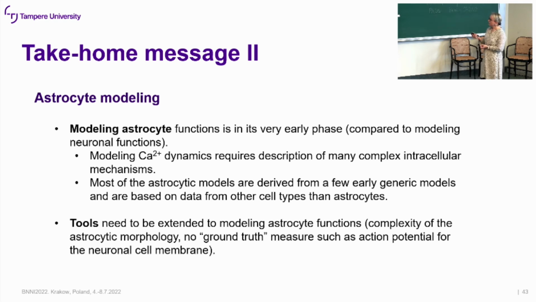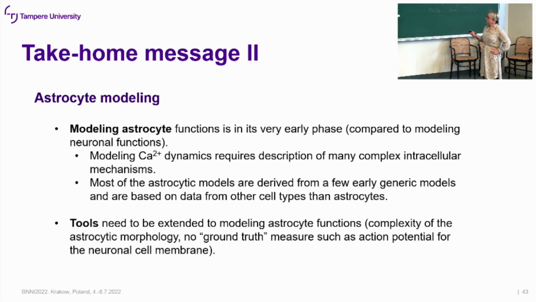And modeling this calcium dynamics requires description of many complex intracellular mechanisms. We need to do this biophysical modeling first before we go to these simplified, more mean field representations of astrocytes. For sure that will happen, like it's happening now for neuronal dynamics, but we are not there yet.